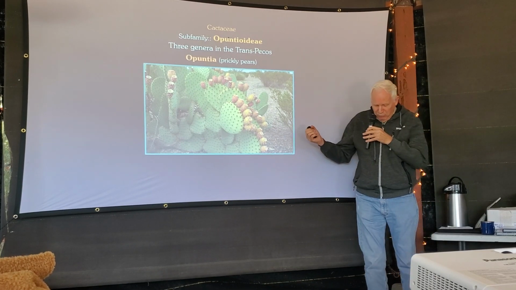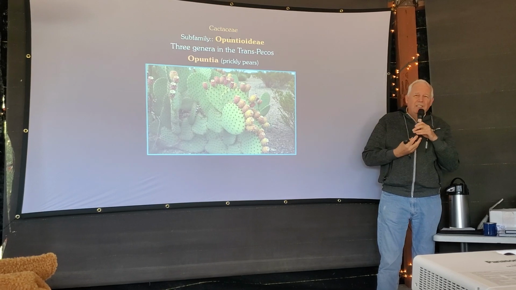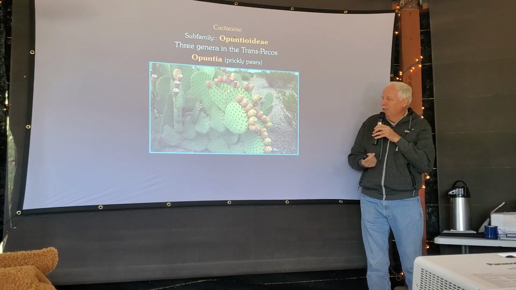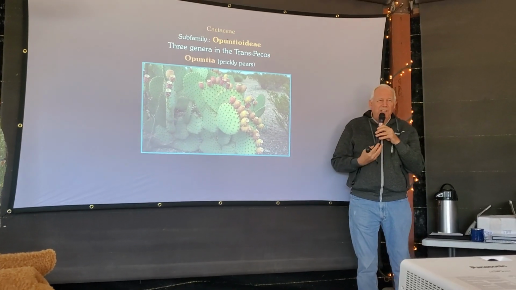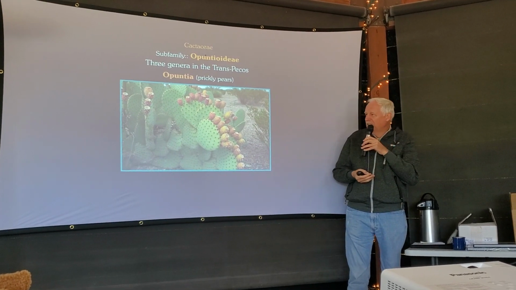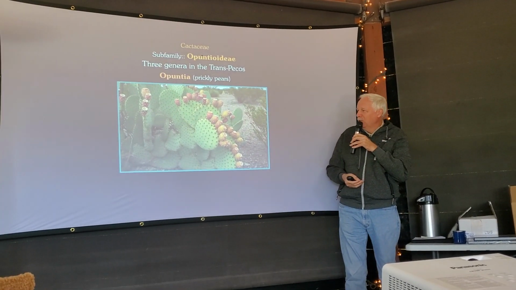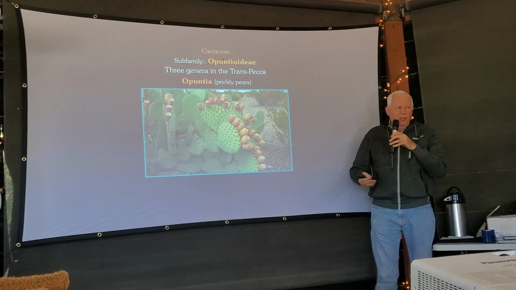And it was a big problem when they introduced these prickly pears in Australia, because there is no natural enemy of the prickly pear, like insects that bore in them and kill the plant. And they put them down there as fodder for the cattle. And it just grew out of hand.